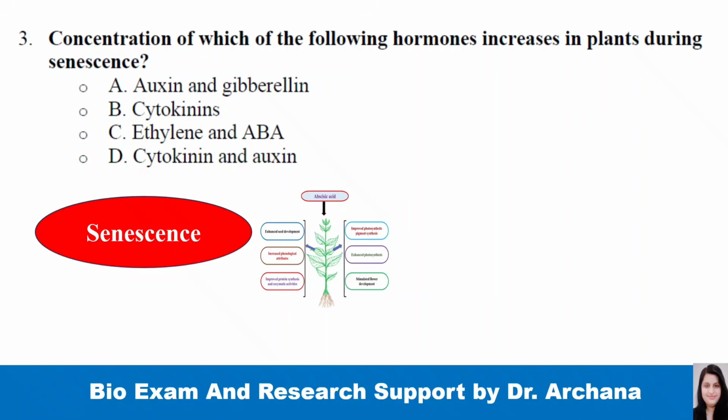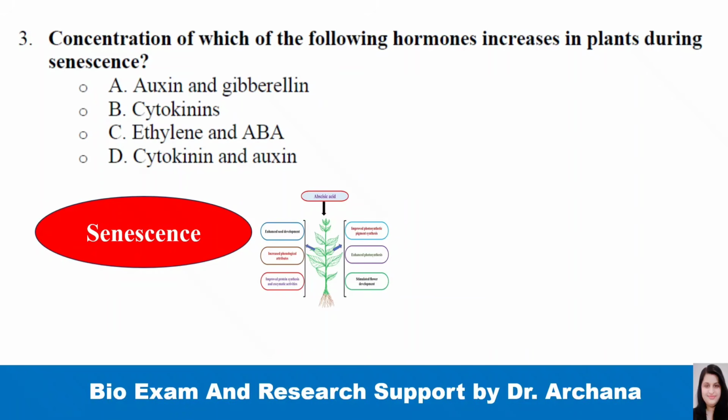Now moving to the third question, it says that concentration of which of the following hormones increases in plants during senescence. First of all, you have to know what senescence is. It is the natural aging process in plants, where the cells, tissues or organs gradually lose their function and eventually die.